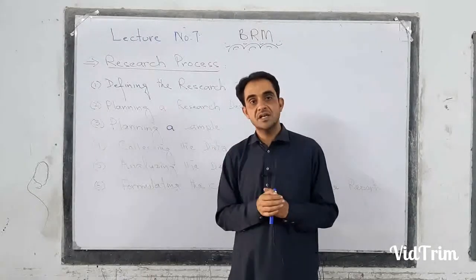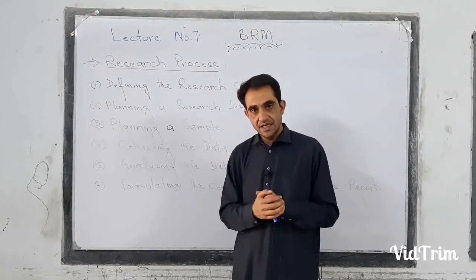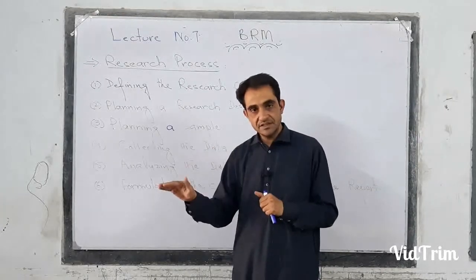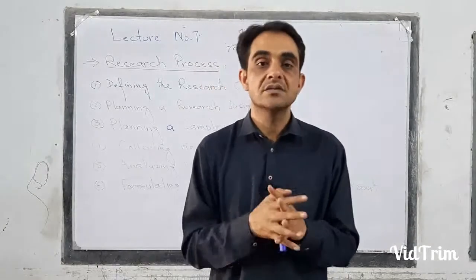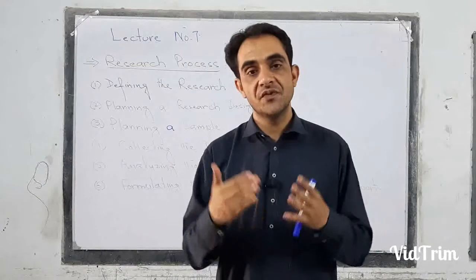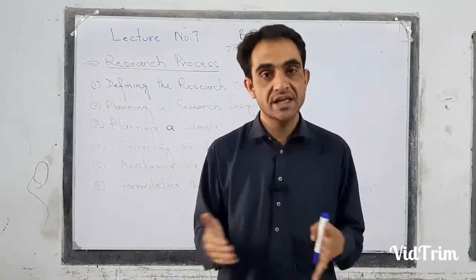In previous classes I have told you that we have got a classification of research, and that classification was primary research and applied research. Primary research was about a general problem faced by the society, faced by many organizations.